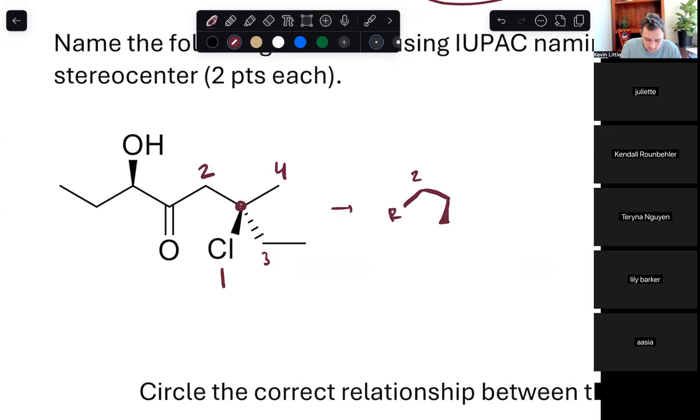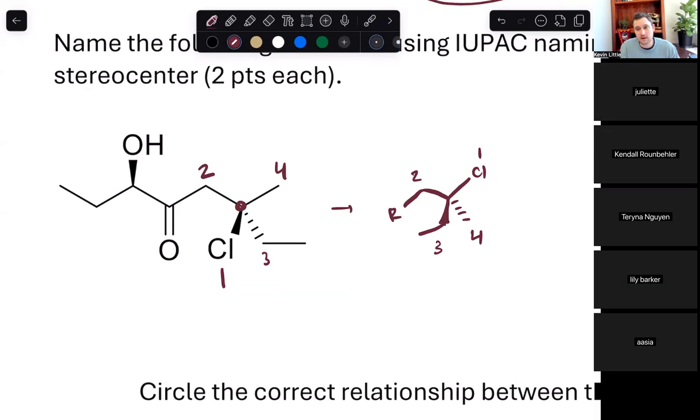So again, I'm going to draw all of my wedges and dashes, and I want to rotate 4 ideally to be on a dash. So I'm going to rotate my methyl to be here. So that'll be 4. Then I'm going to take 3, my ethyl, and rotate it up, to be with the chlorine. And then this chlorine is going to rotate around back to 4 to get here.